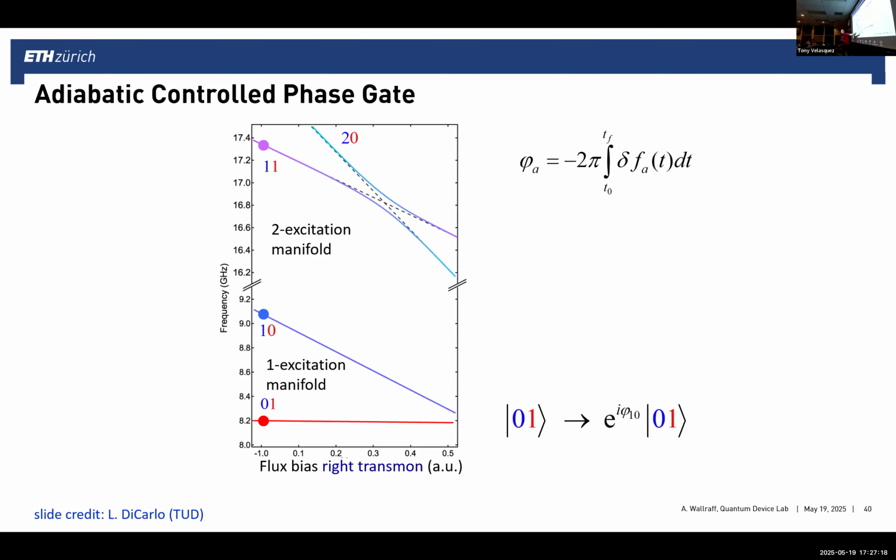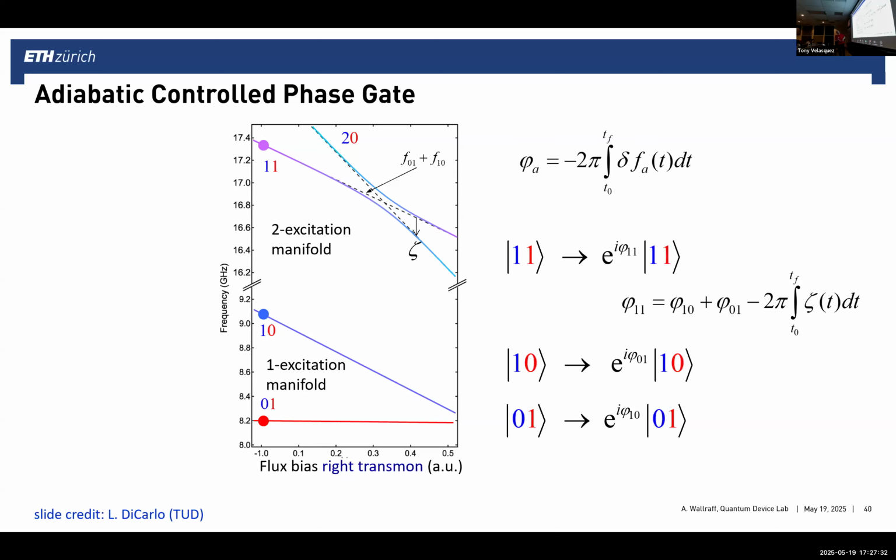So there are individual phase factors for the individual qubit states that have to do with the frequency changes of the individual qubits. This right qubit, the red one, doesn't change in frequency, so no phase factor. The blue one changes in frequency, so there is a phase factor. And the thing that we're interested in is this conditional phase factor when both qubits are in their excited state.